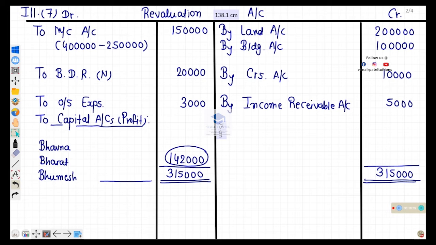In their old profit sharing ratio, it is 2:1:1. 1,42,000 into 2 by 4, 1,42,000 into 1 by 4, each of this.